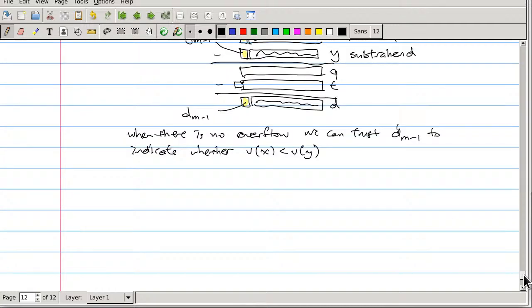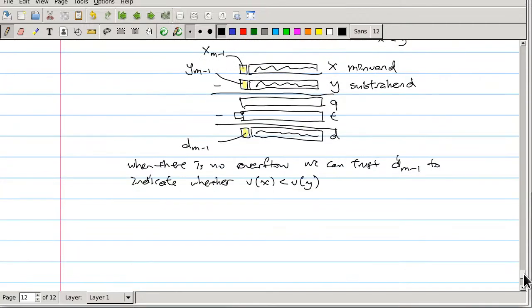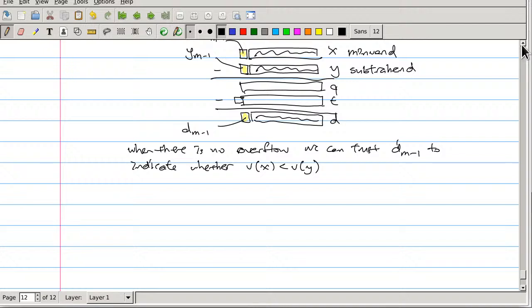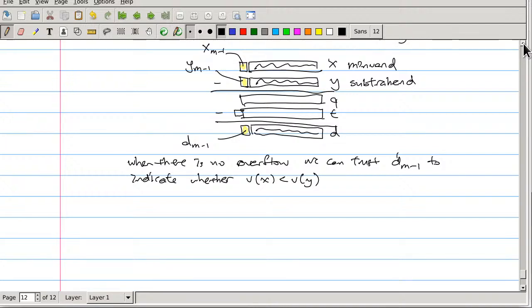So now we want to know when there's an overflow situation. There's an overflow when the sign of d, in quotes, does not make sense.